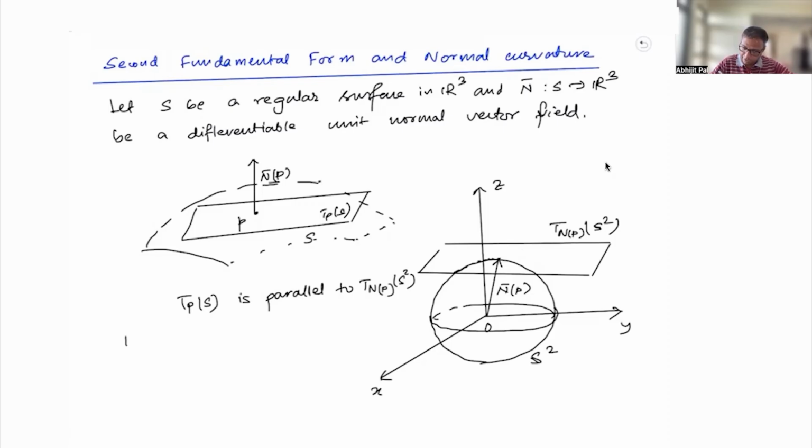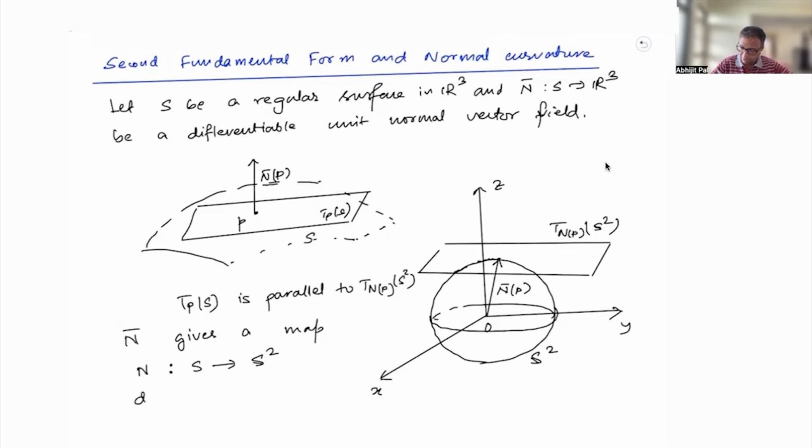Okay, so this N bar gives a map N from the surface S to S2.